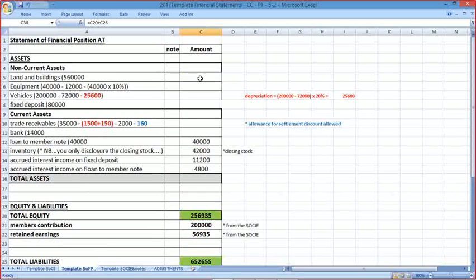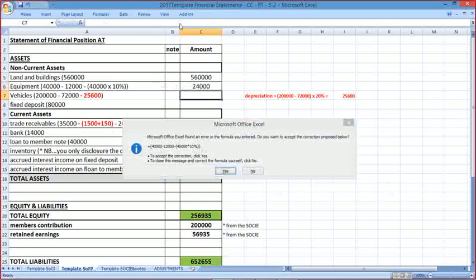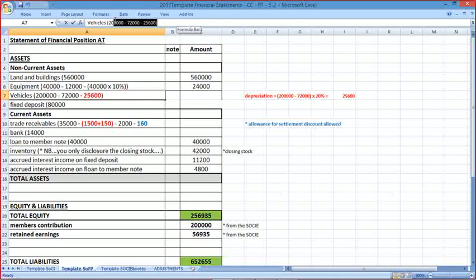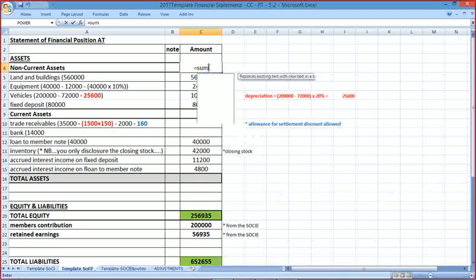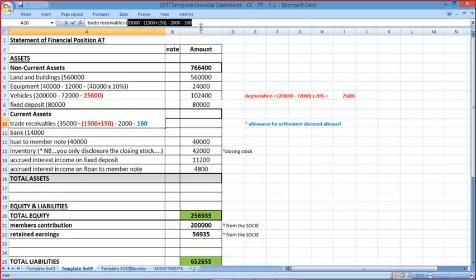Let's check. Okay, so nothing happened here. There was a working there that I need to work out. So 24,000 equipment. Vehicles 102,400. Okay, sum up your non-current assets, and then we need to total up our current assets.